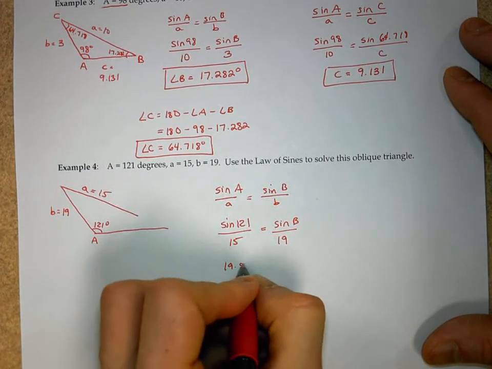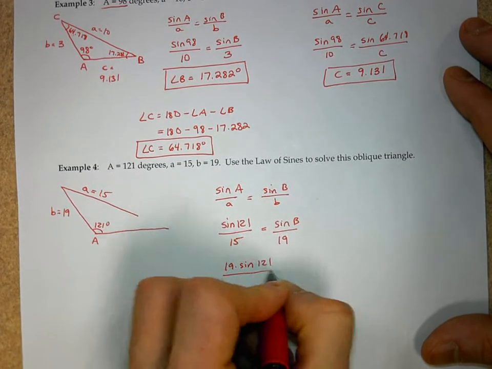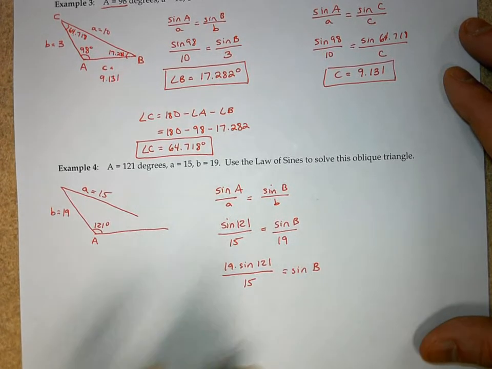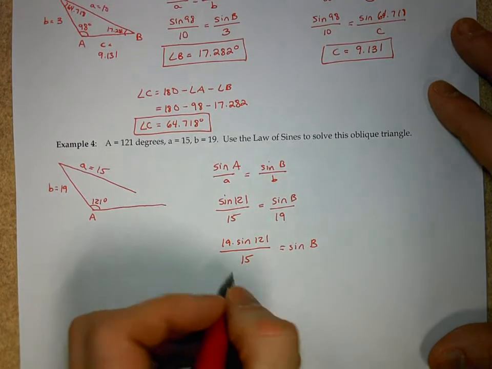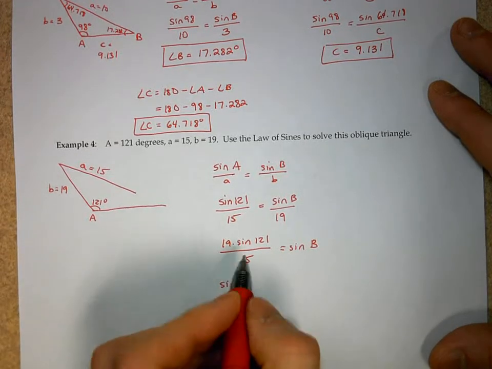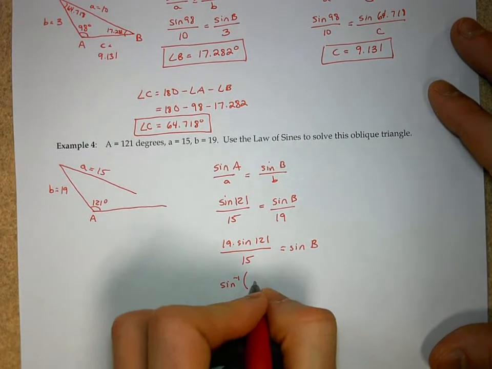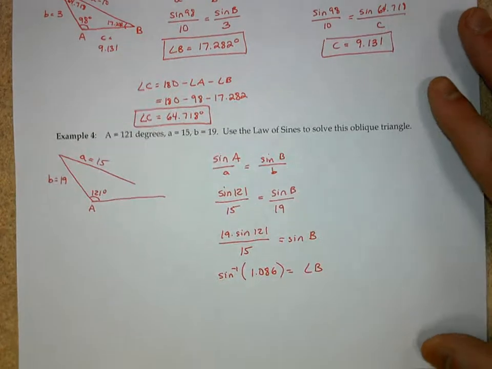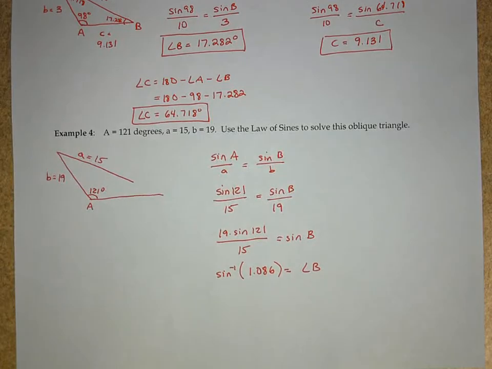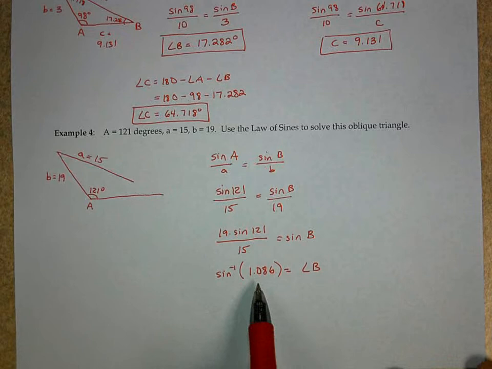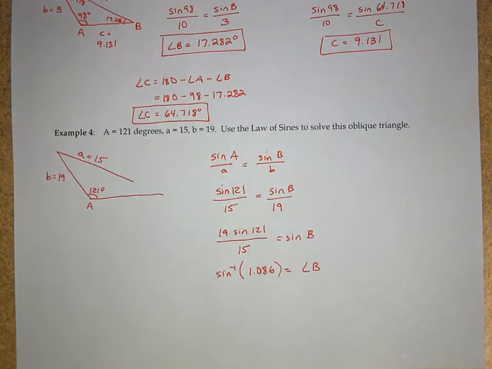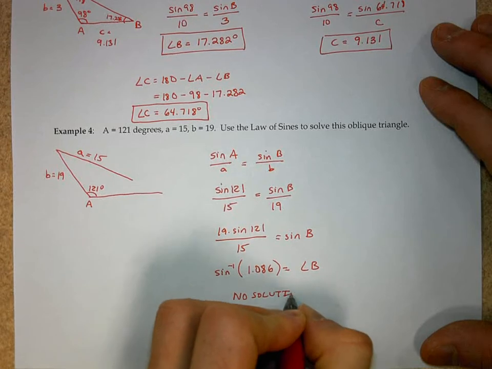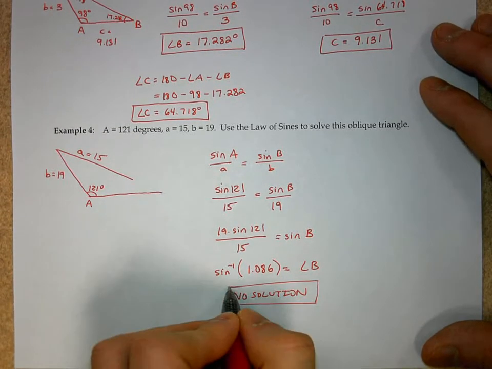We'll solve this out. 19 times the sine of 121 degrees over 15 is equal to the sine of B. We'll take the sine inverse, and this expression right here simplifies down to 1.086. And you know that with sine inverse, you can't input a number that is larger than 1 or less than -1. So right here, you'll get no solution. You'll get a domain error if you plug it into your calculator.